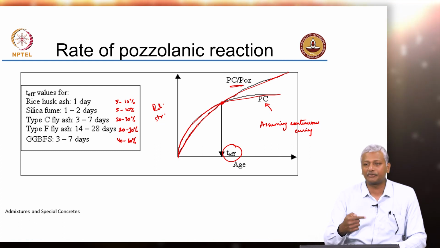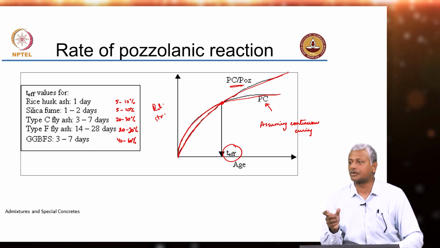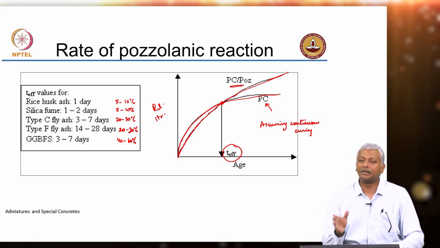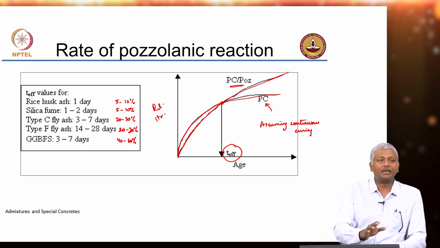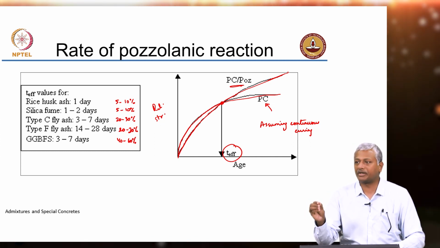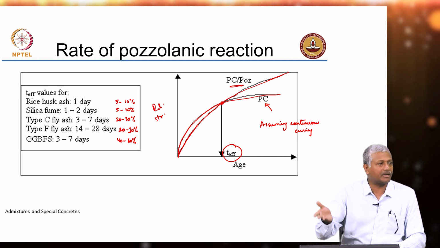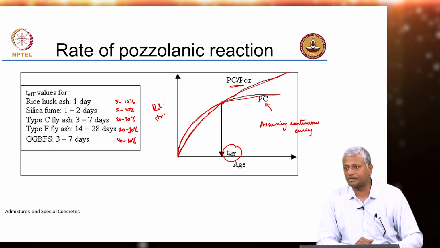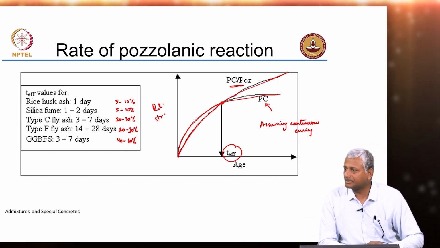So, when you are designing for strength, the cementitious content and water binder ratio that you need with plain OPC to produce a 28-day strength may be different as compared to the cementitious content and water binder ratio required for PPC. You may want a little bit higher cement and little lower water cement ratio with PPC to achieve the same strength at 28 days.